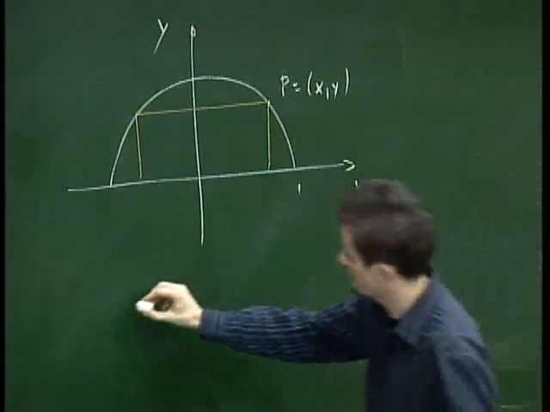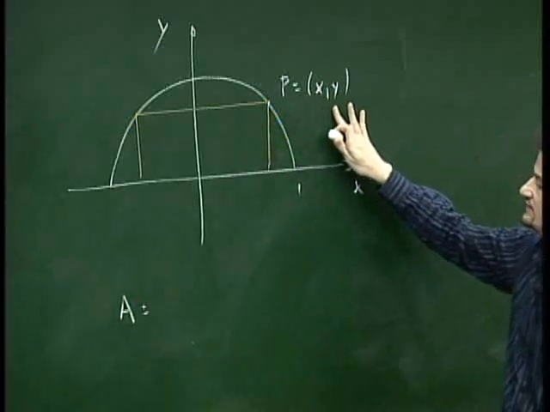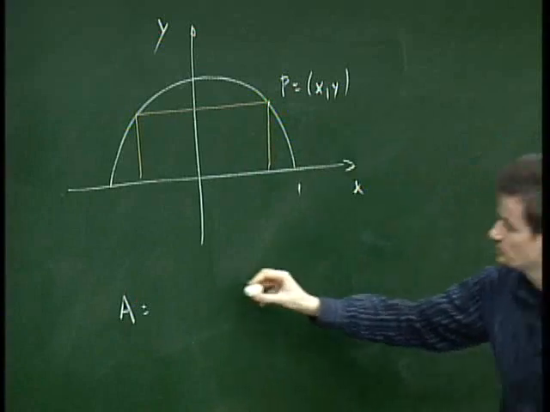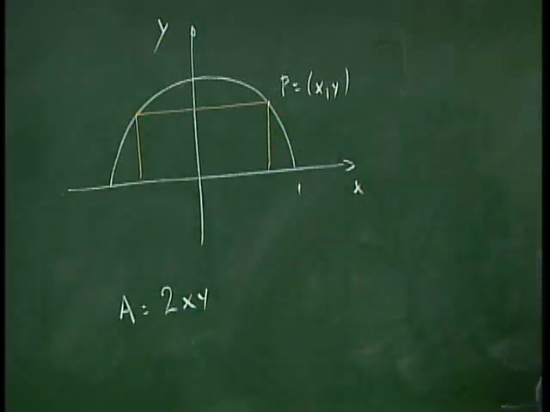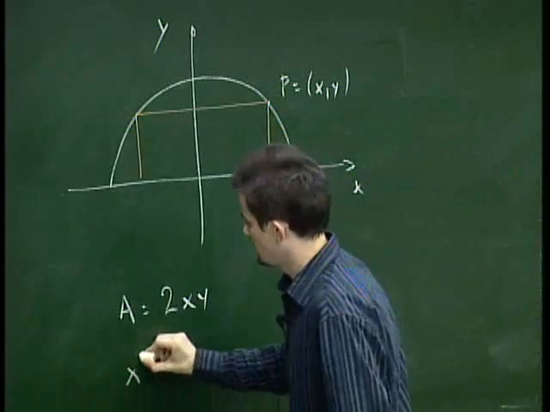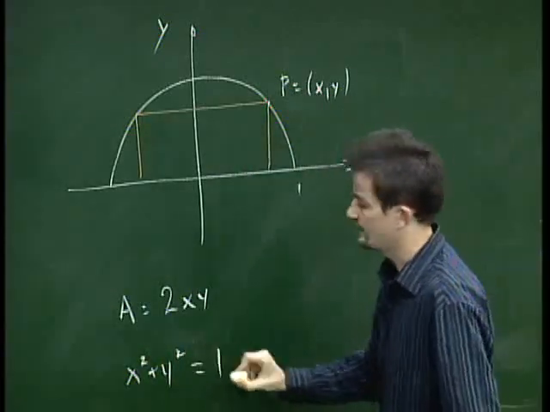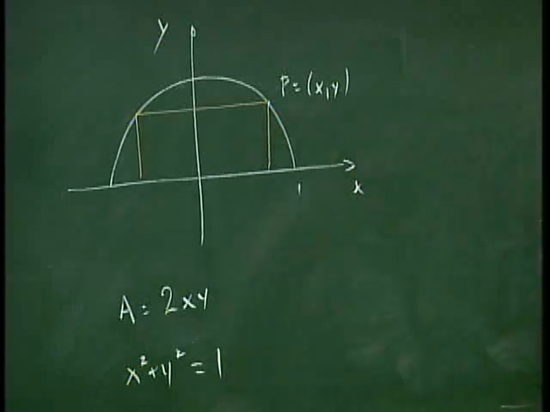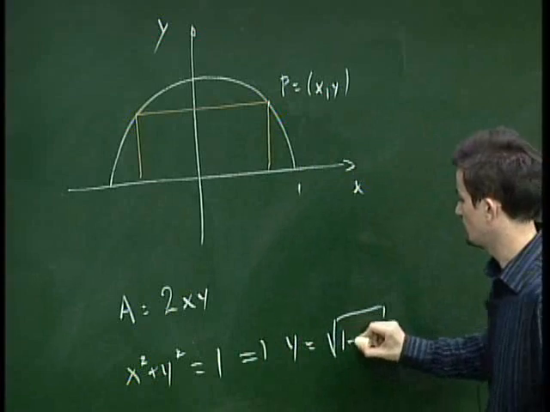So the standard approach would be, if you introduce the notation like this here, then the area is equal to 2xy. So the area depends on two variables. But since this point is on the circle, you have another condition. You see from this condition that y must be equal to the square root of 1 minus x squared.